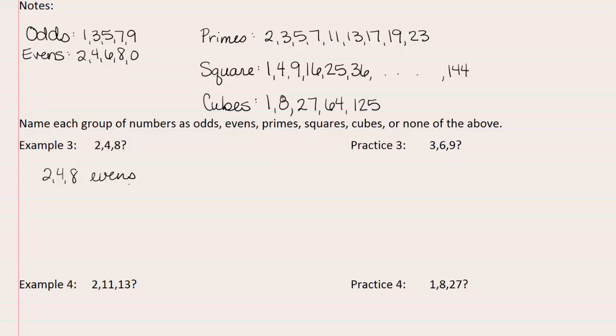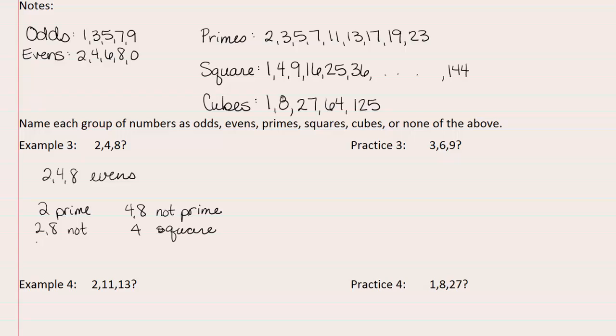So our group might be evens, but let's check and see if they're an even more special group such as primes, squares, or cubes. Well, 2 is a prime number, but 4 and 8 are not prime. Squares. Well, 2 and 8 are not squares, but 4 is a square.